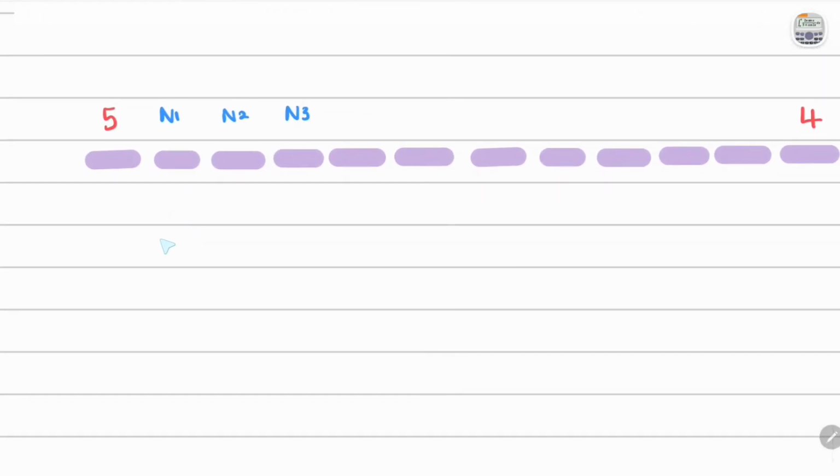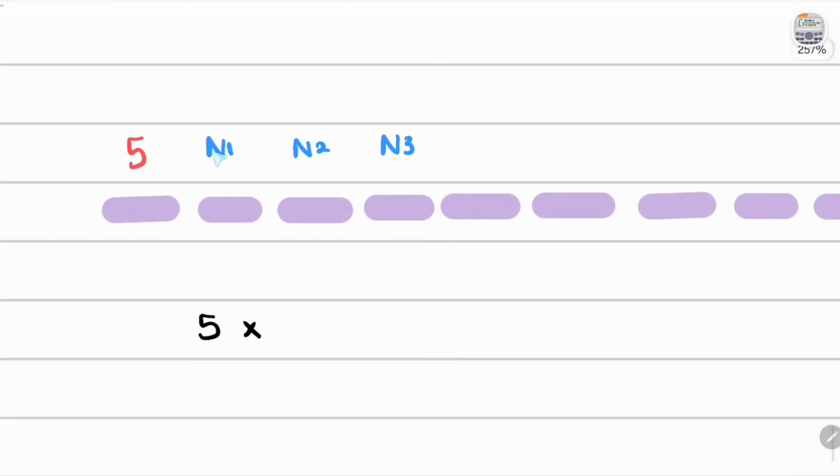We would say 5, multiplied by, and then let's figure out how these novels are going to be placed. They don't have to be placed in the order that they're currently in. It does not have to be novel 1, 2, and 3, okay? Before we place anything down, first, we will notice that novel 1 will have 3 spots.